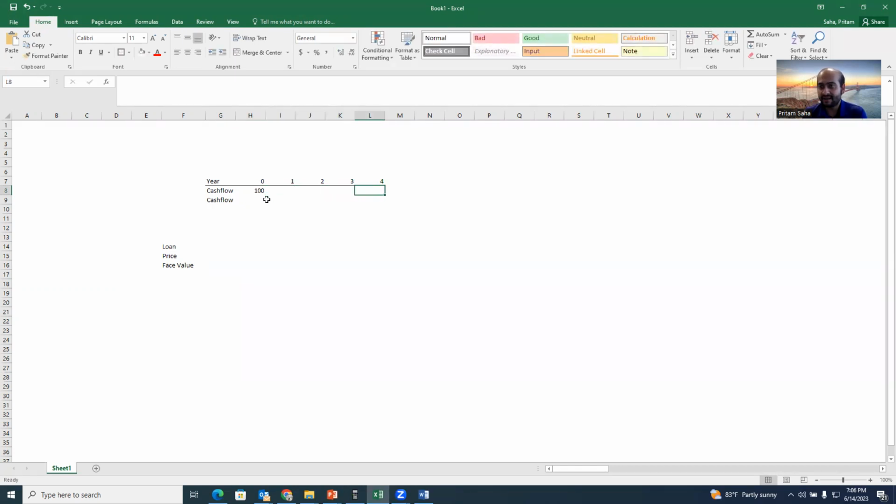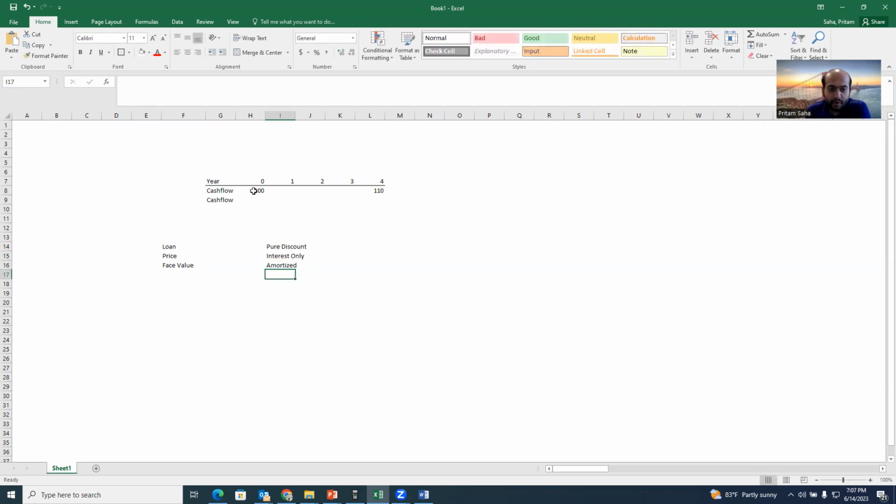But at expiration, the borrower will pay back 110. That is the face value of the loan. Make sense? Price versus face value. Now, 3 different types of loan: pure discount, interest only, and then amortized.